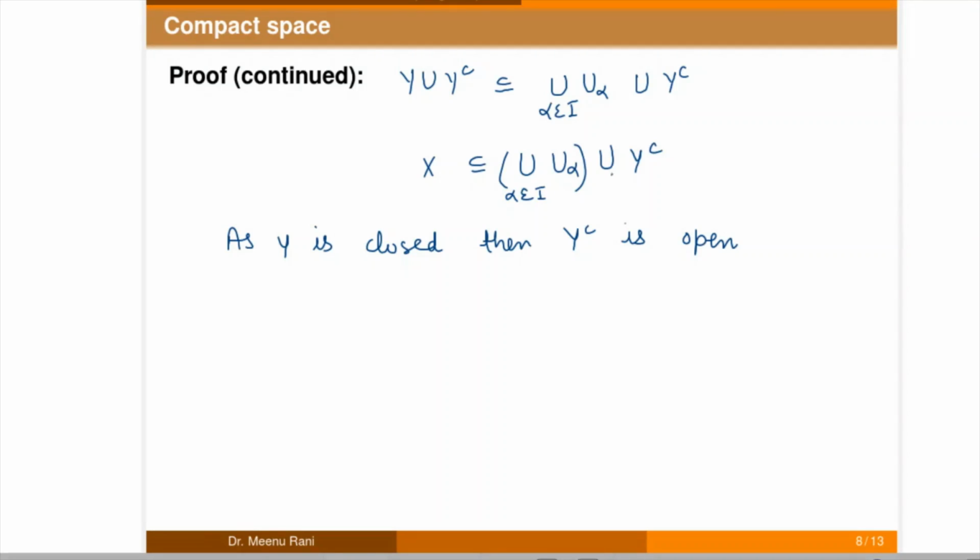So Y complement is open and the union of U alphas is also open. So this is a collection of open sets which covers X. Here we get a collection of open sets, that is Y complement and the U alphas, which covers X.